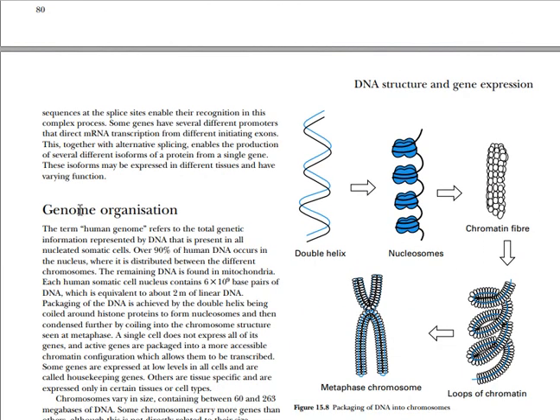Now then we have the genomic organization. For genomic organization, you just need to know that the DNA is made up of a double helix. After that, the double helix is going to make a 2-turn winding on a certain protein, and that protein is called the histone protein.